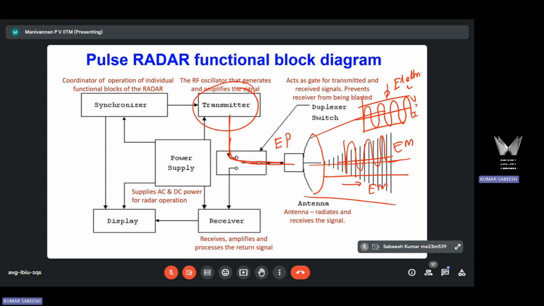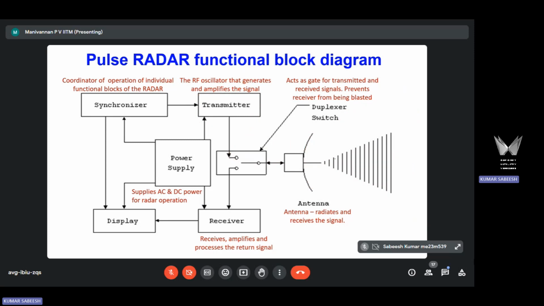Correct? So it will be traveling like this. This is called a parabolic reflector. So the signal will travel like this only, not like a cone. Right? Now, when it travels, if there is an aircraft, for example, the waves go and hit it, and it is reflected back. So this is a reflected waveform, right?